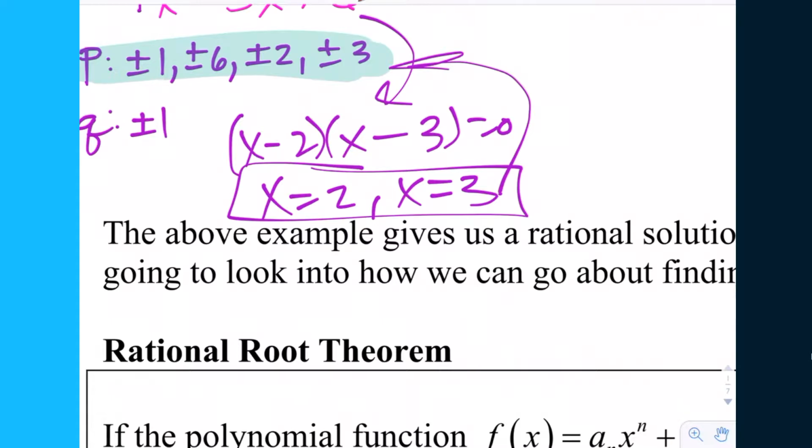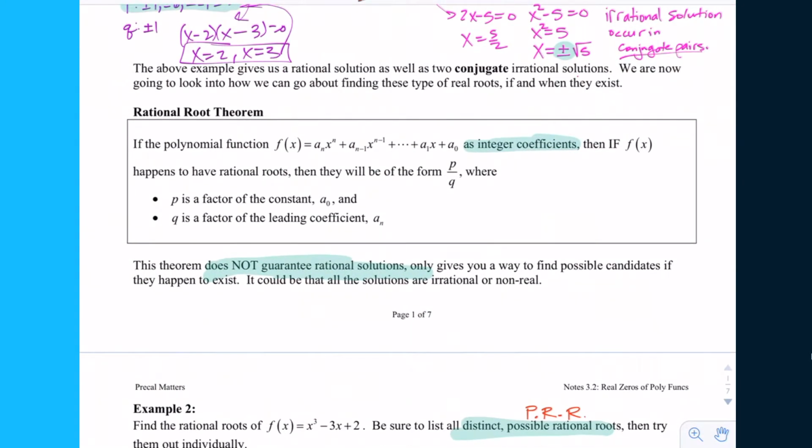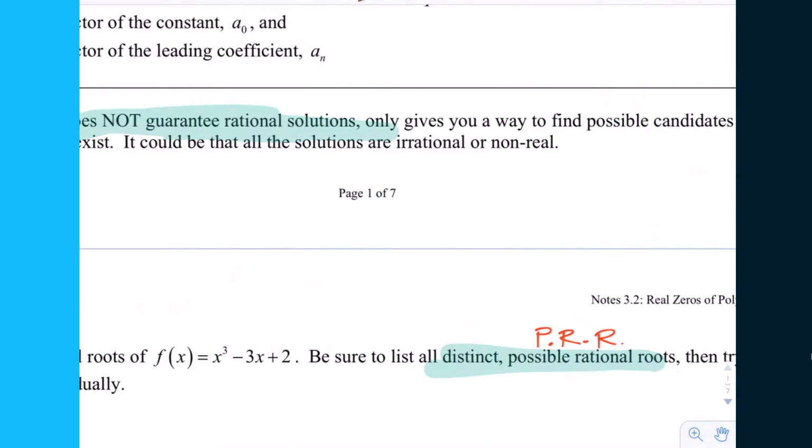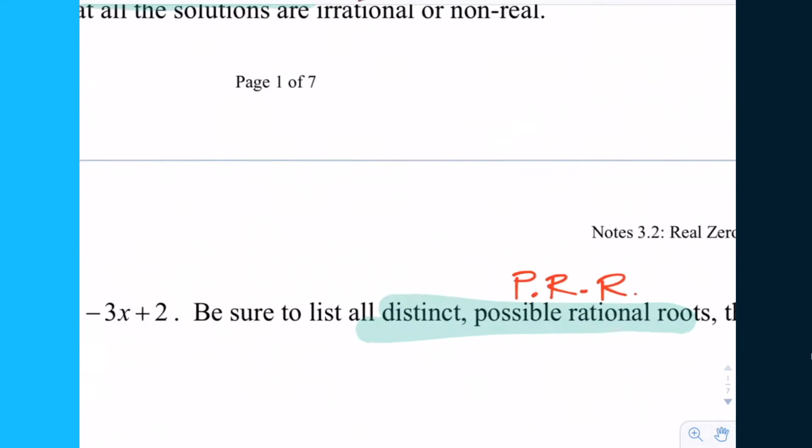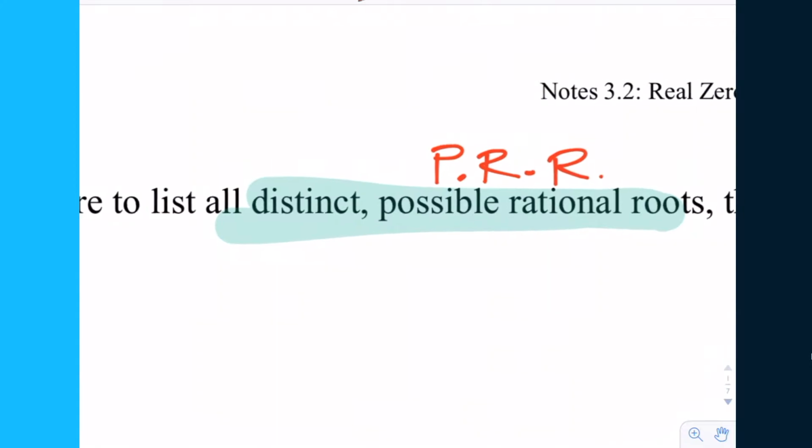So it's not a distinct root. In other words, they have to be individual numbers. So 1/2 and 2/4, that's maybe a better way to say it. 1/2 and 2/4 are the same number, aren't they? So those are not distinct. If we want to narrow down the number of possible rational solutions that are distinct, we can use the rational root theorem to do so.